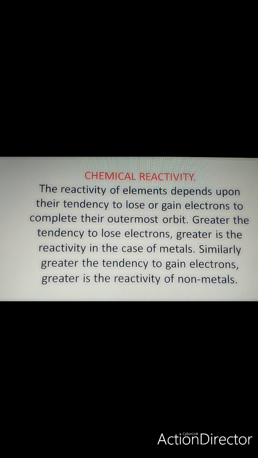If the tendency of losing electrons is greater, then the metal's reactivity is greater, and if gaining electrons is greater, then the reactivity of non-metals is greater.